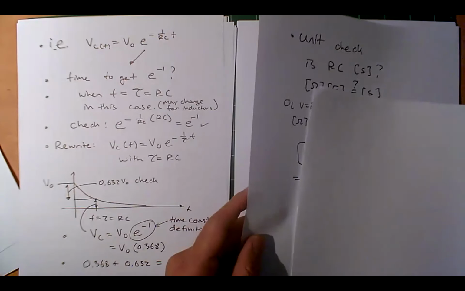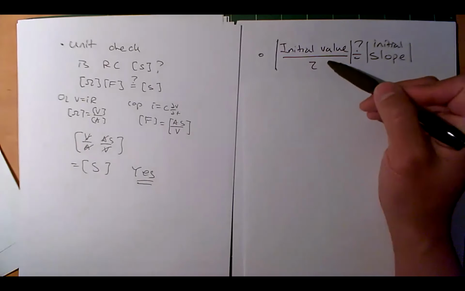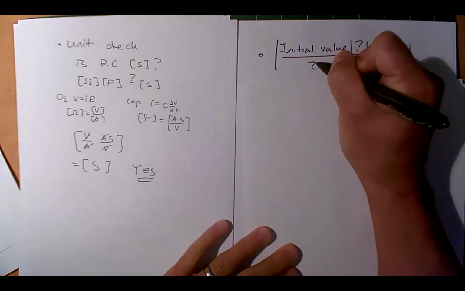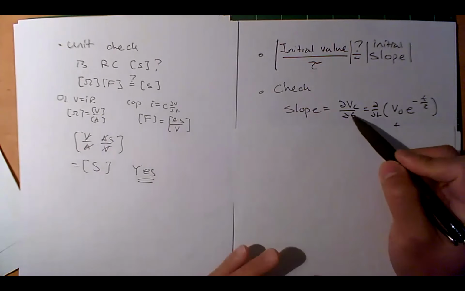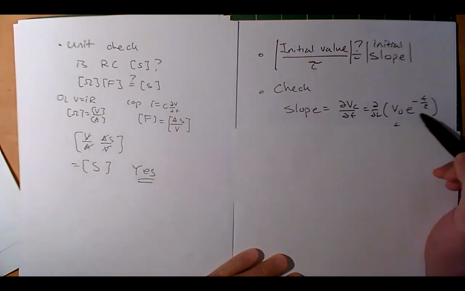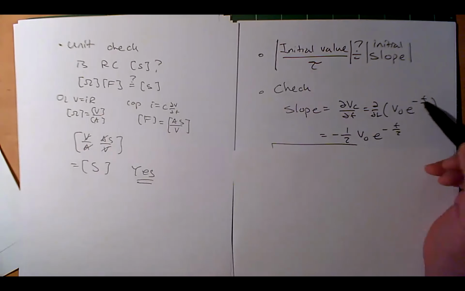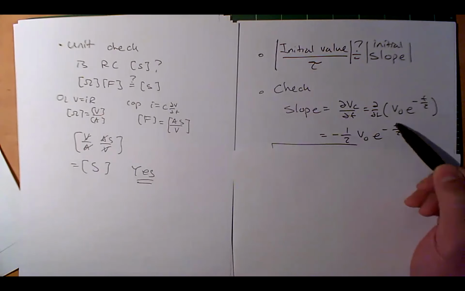All right, let's do another. Oh, yeah, sorry. This is to finish off the justification that the initial value divided by the time constant is the initial slope. So let's see if that's true. The slope of that previous equation, you took the derivative, is the derivative of V naught e to the minus t over tau. If I take the derivative, I get minus 1 over tau on the outside times V naught e to the minus t over tau.